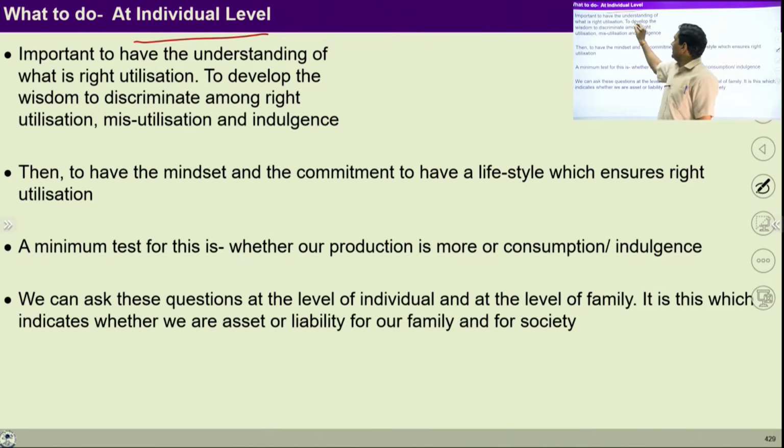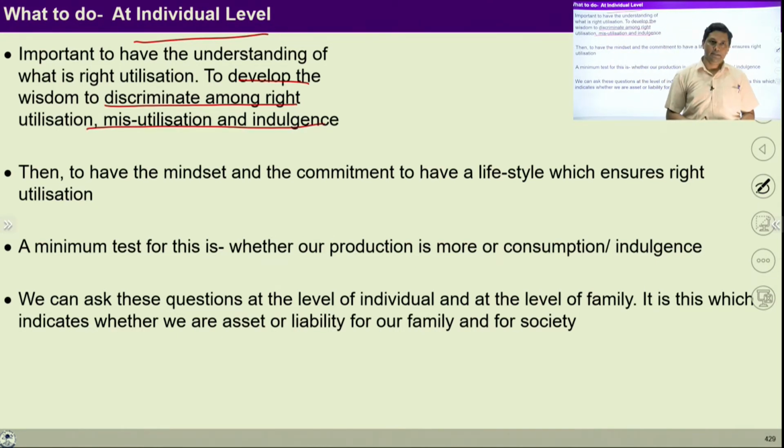So at least we can develop the wisdom to discriminate among right utilization, misutilization and indulgence. So with right education and sanskar, we can help our students, our generation to develop such kind of wisdom which may help them to discriminate among right utilization, misutilization and indulgence.